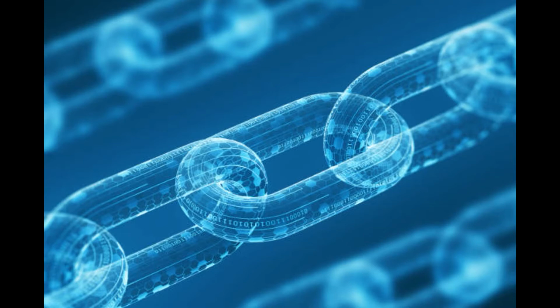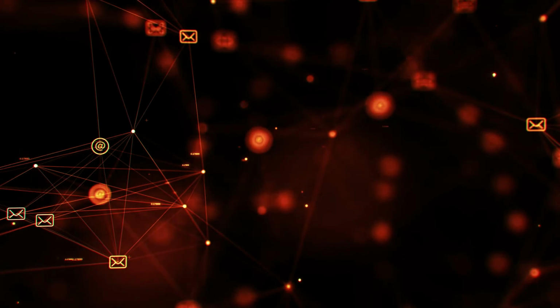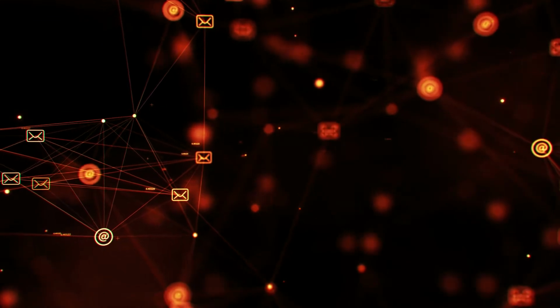One key difference between a typical database and a blockchain is how the data is structured. A blockchain collects information together in groups, known as blocks, that hold sets of information.